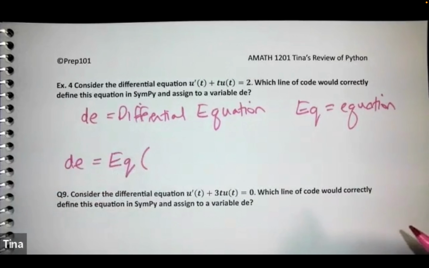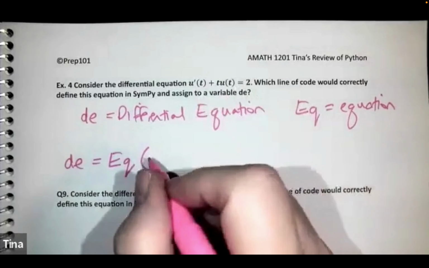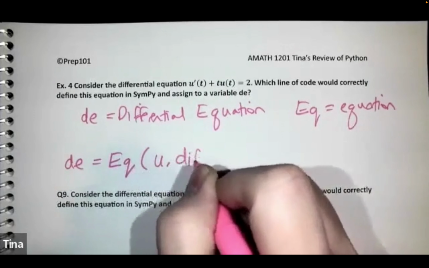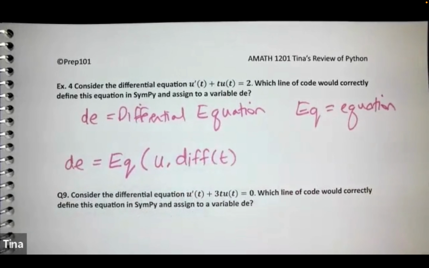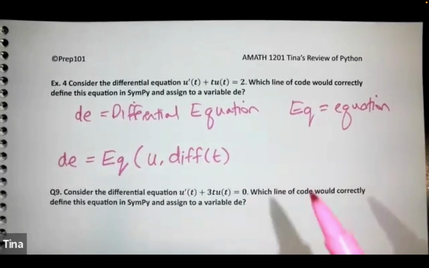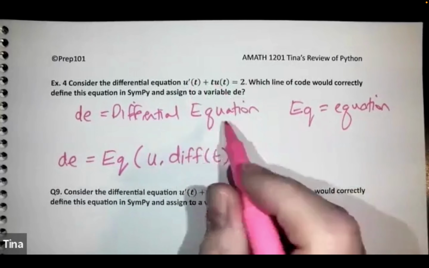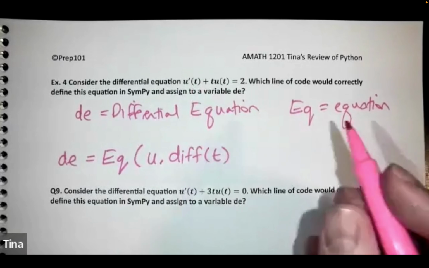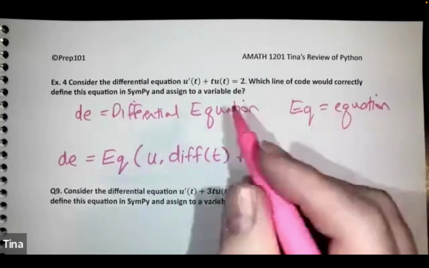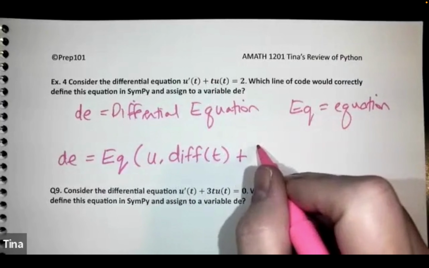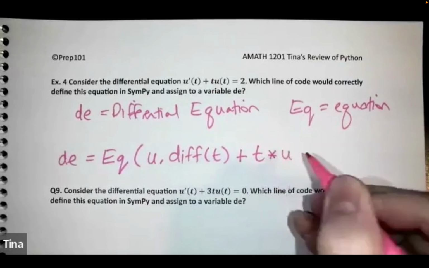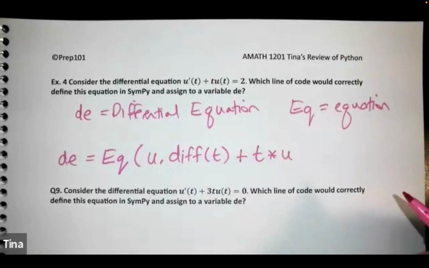And then the way they'll write it, the variable here is u. So it's u dot diff of t, meaning it's a differential equation, right? U prime of t, differential equation involving t, right? And then you'll have plus t times u. Well, that will be the letter t star u. Remember, times is star, right?